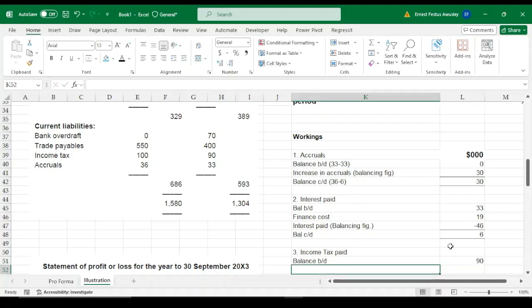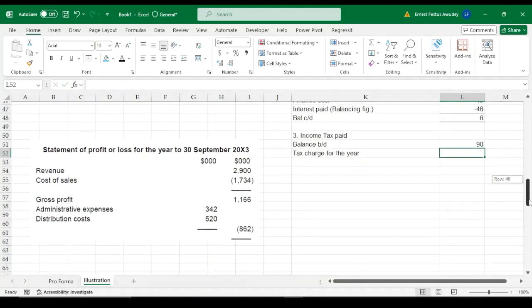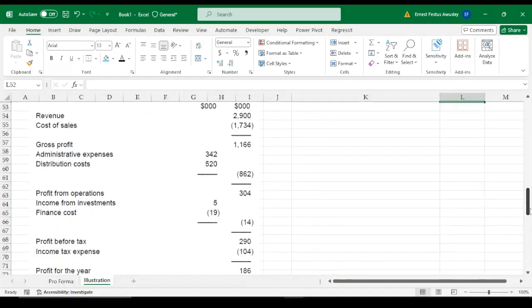90. All right. Then we have the tax charge for the year inside the statement of profit or loss. So let me just check that. So our income tax expense is 104.